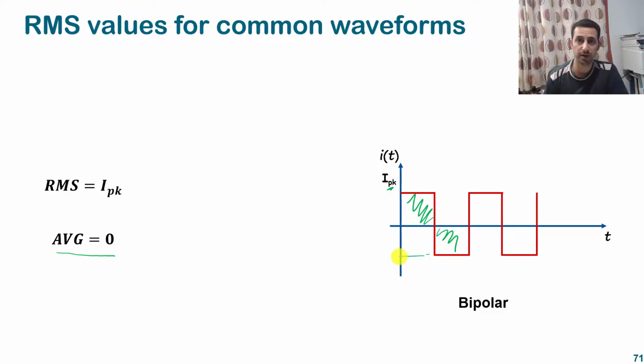The RMS value for that was also I peak. How do this signal and the DC signal have the same RMS value? Because if you square this signal, it will look like this. This portion from here to here will have I peak square, and this portion from here to here, when you square it, will be like this.